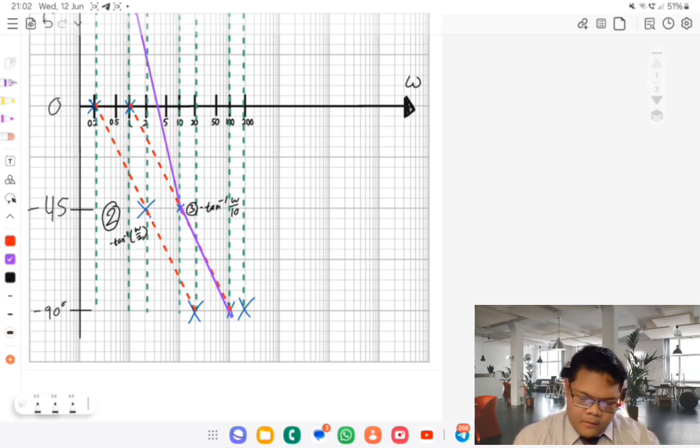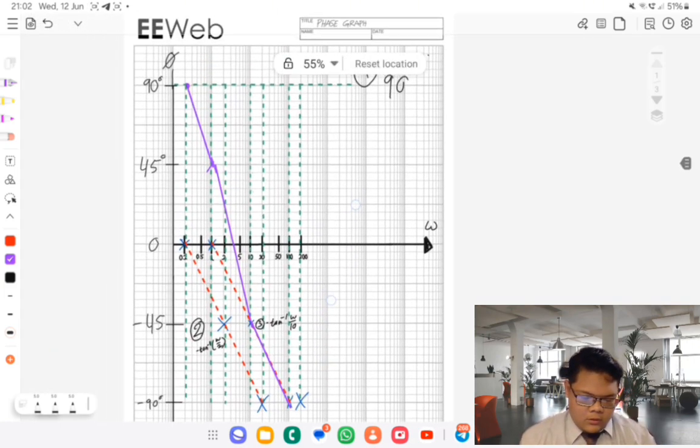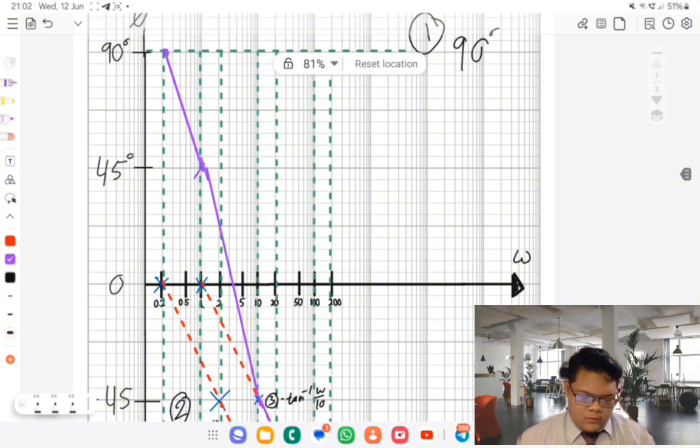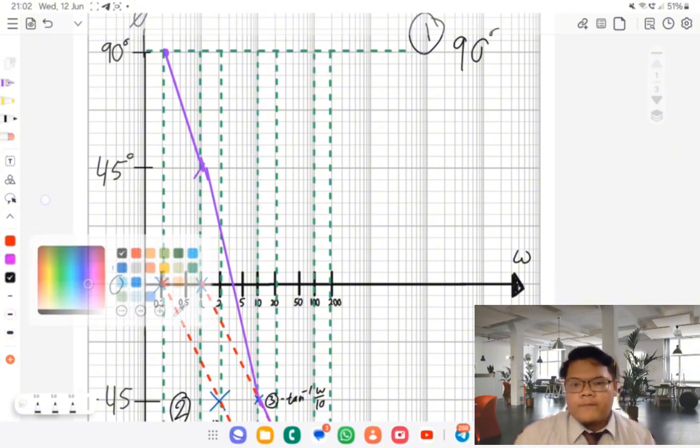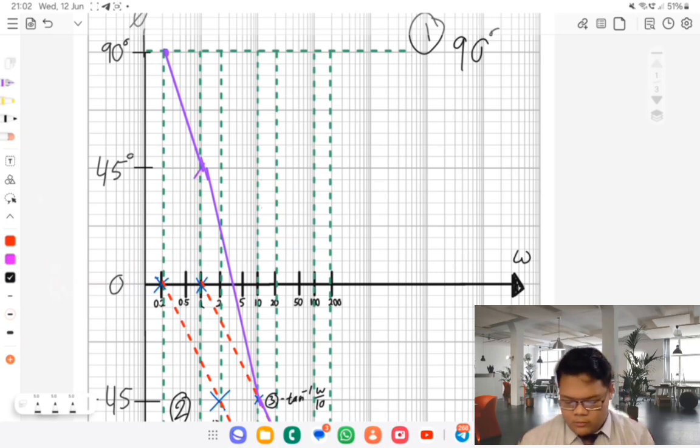So here for the first one, I will rename it. Here we will drop negative 45 degree per decade, and here the drop is negative 90 degree per decade.